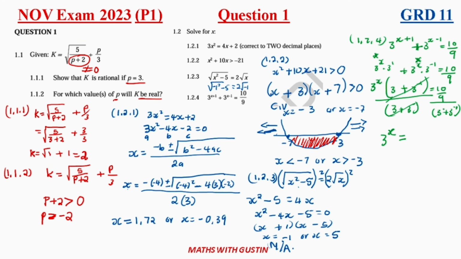When I punch this into my calculator, 10 over 9 all over 3 plus 3 to the power of -1, it is giving me 1 over 3 as an answer. With 1 over 3, I can rewrite 1 over 3 also as 3 to the power -1. Therefore, this means x is equal to -1. And there you are. Done.